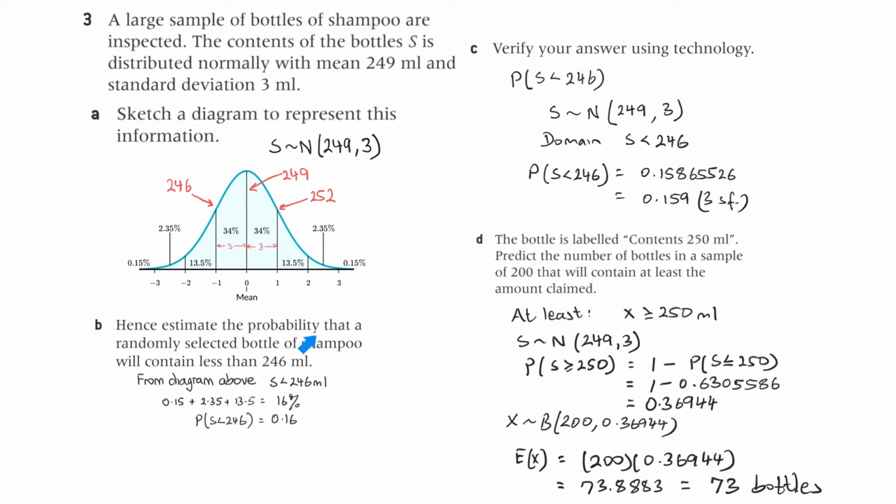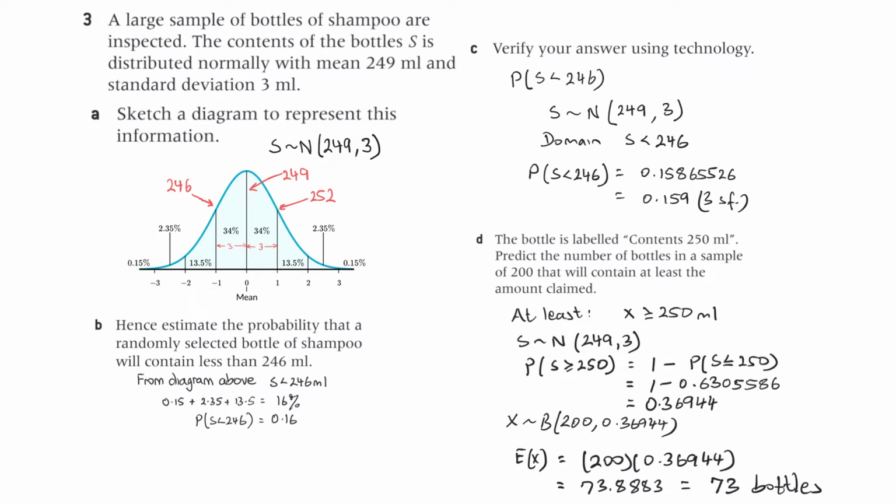B, hence, estimate the probability that a randomly selected bottle of shampoo will contain less than 246 mils. They don't want us to use the GDC here. From the diagram above, S is less than 246 mils. Well, 246 was recognised as one standard deviation from the mean, so we know that 50% of the values are less than the mean.